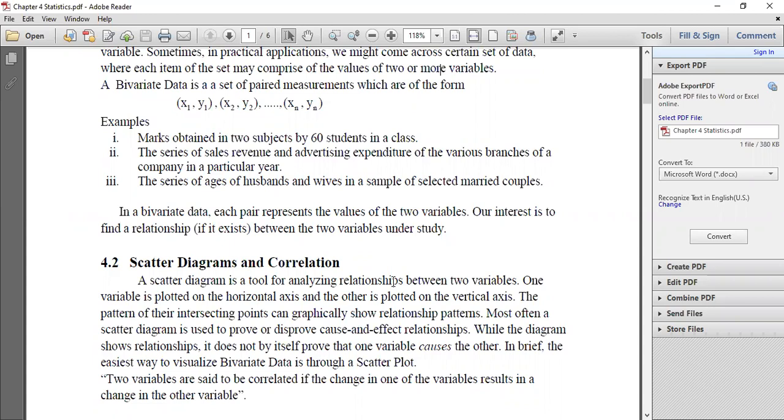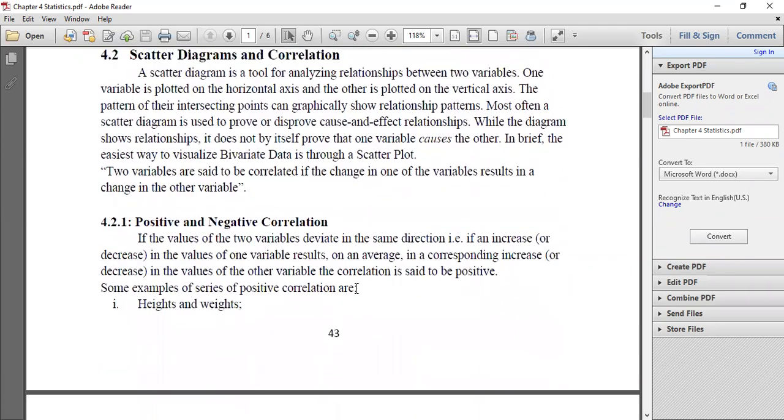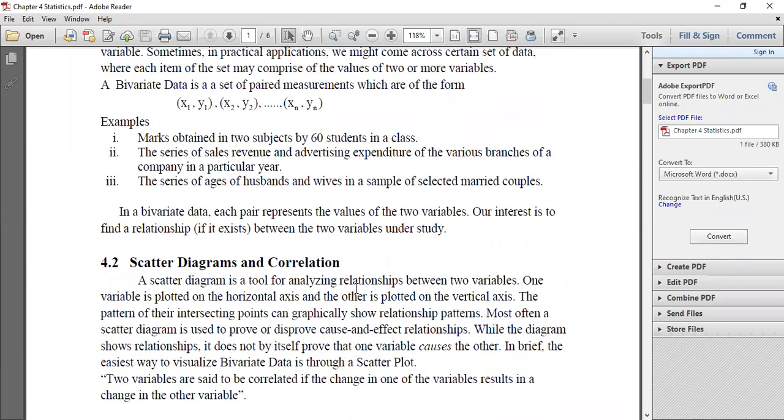So you are able to plot two values, one on the horizontal axis and the other on the vertical axis. The value on the horizontal axis is what we refer to as x. So X is plotted on the horizontal axis, then y goes to the vertical axis.